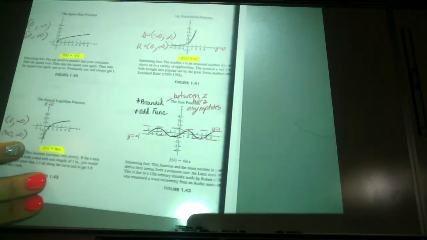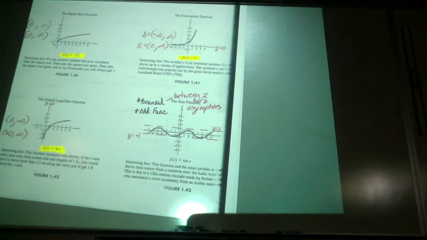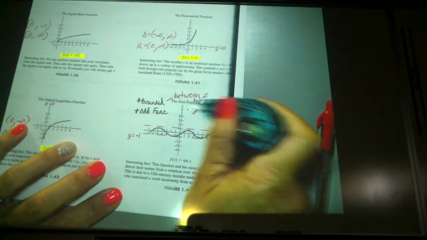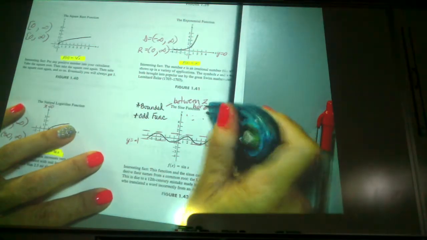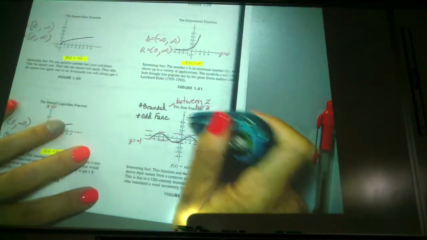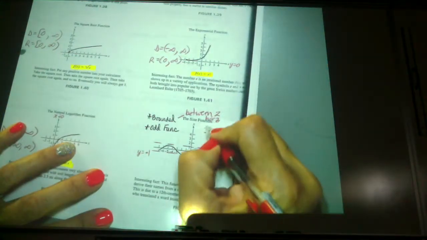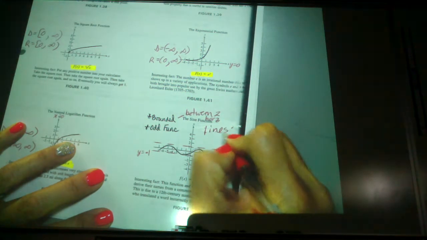It's not truly an asymptote in the sense of asymptotes, but it is bounded by those two horizontal lines. So consider it horizontal lines, I guess, would be better than asymptotes. Maybe we'll change that. It could be asymptotes. It could be just a line like this one is.